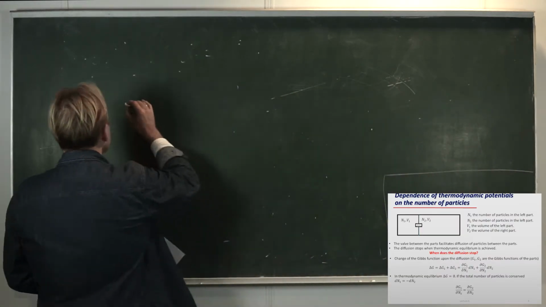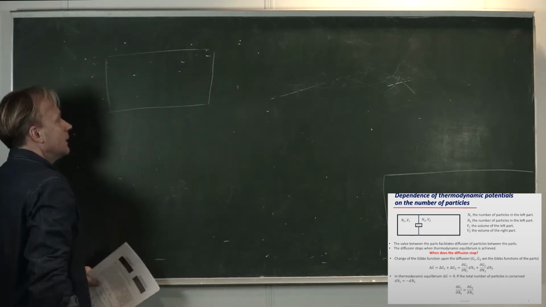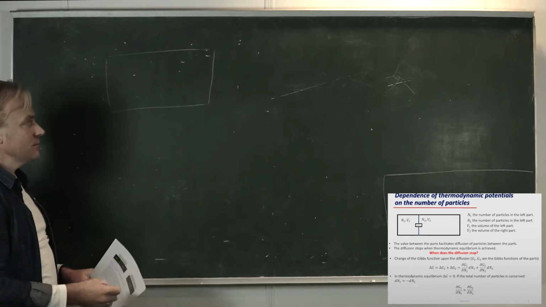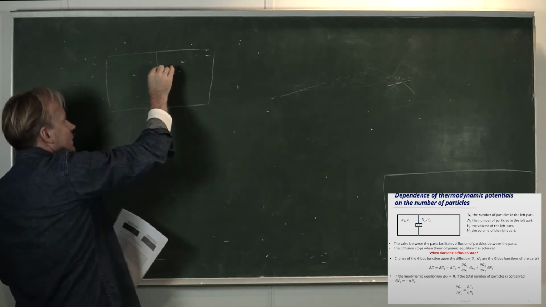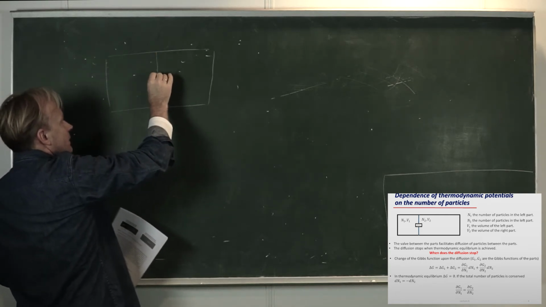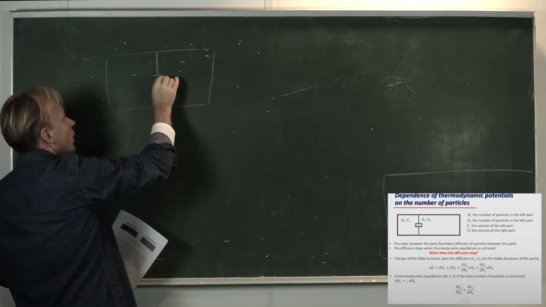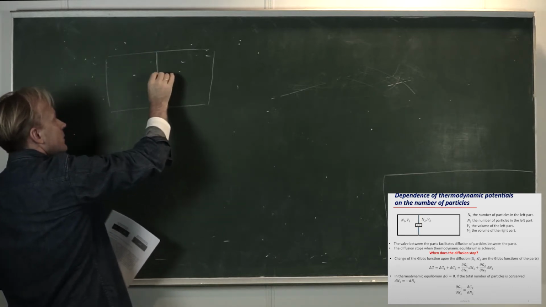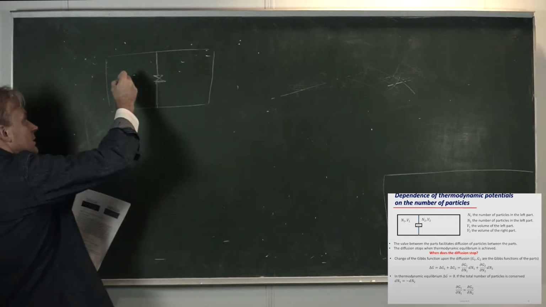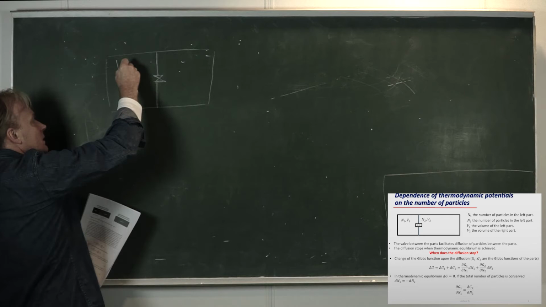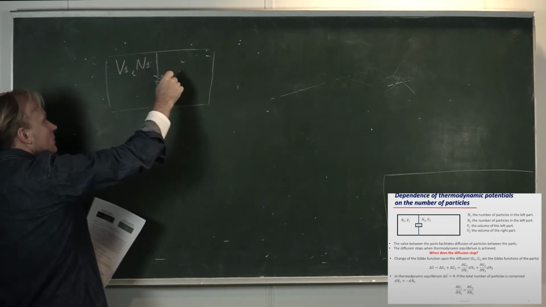Imagine we have a volume, and in this volume we have a gas, and the 2 parts of this volume are separated by a wall, and then there is a valve here, and I have a possibility to open or close this valve. On one side, I have volume 1 and number of particles n1.